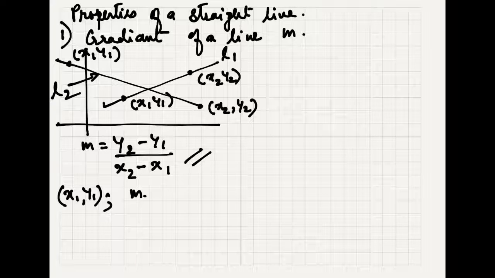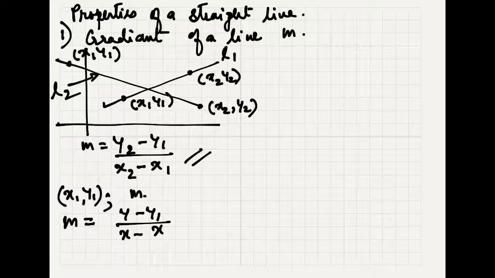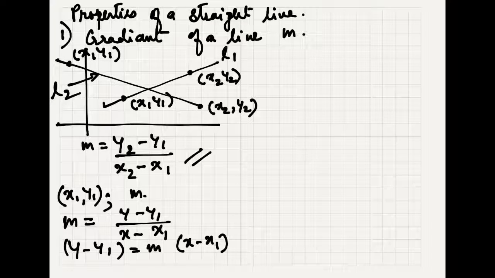We consider y2 as simply y and write m equals y minus y1 by x minus x1, and by cross multiplication, y minus y1 equals m into x minus x1. We can easily find the equation of the desired straight line.